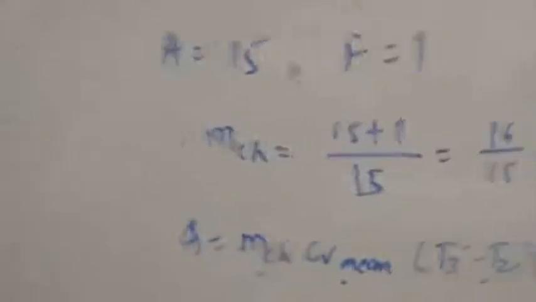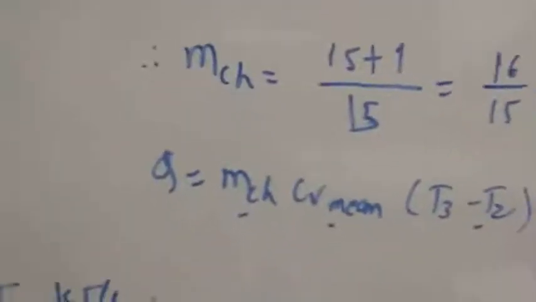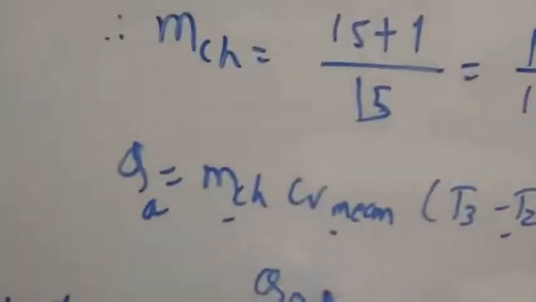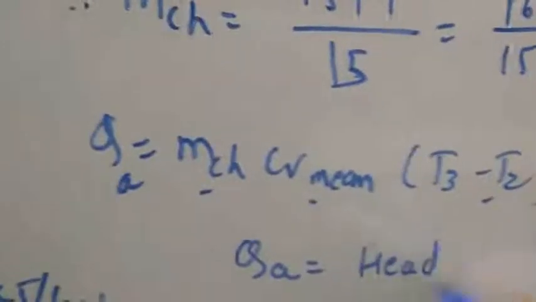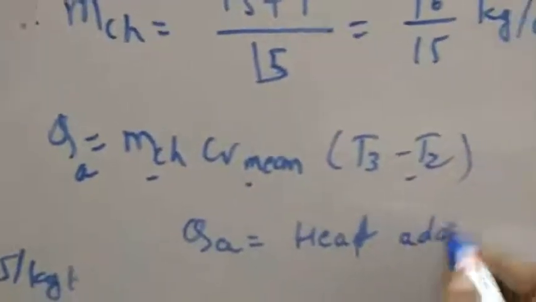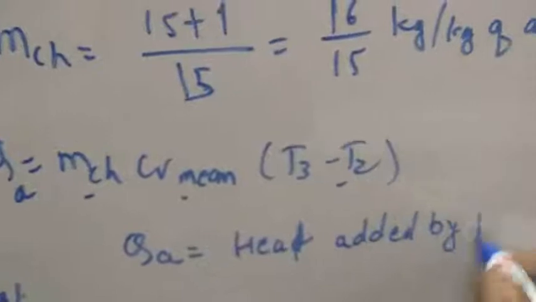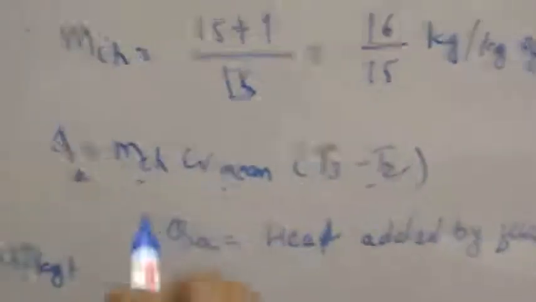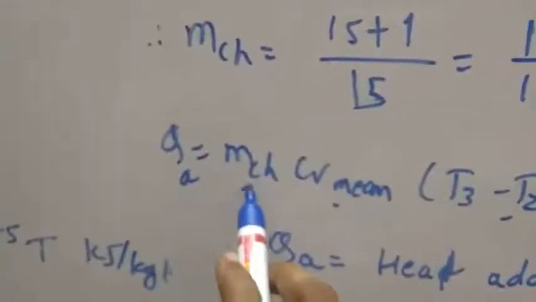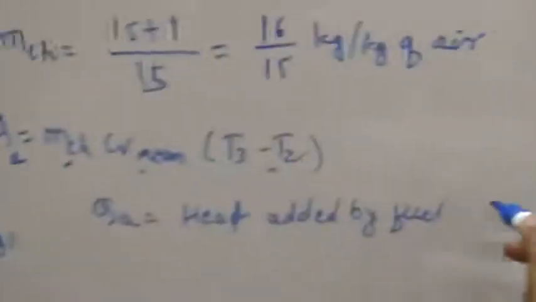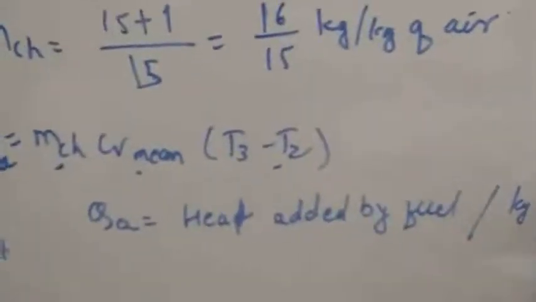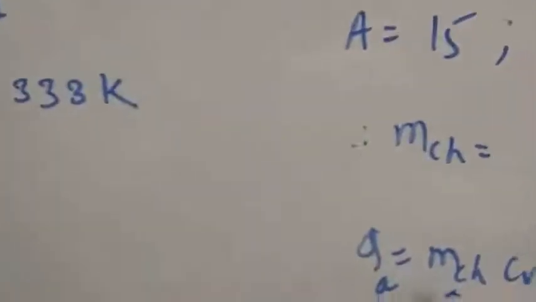In terms of the equation, obviously I need to get the heat added, and that heat added is the heat added by fuel. Now here I am considering the MCH as per kg of air, so this also I'll be calculating as per kg of air. Getting it now? This is per kg of air, so this also I have to calculate as per kg of air.